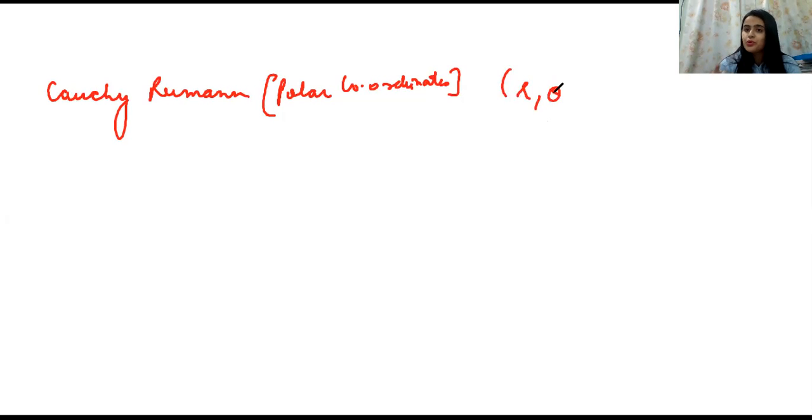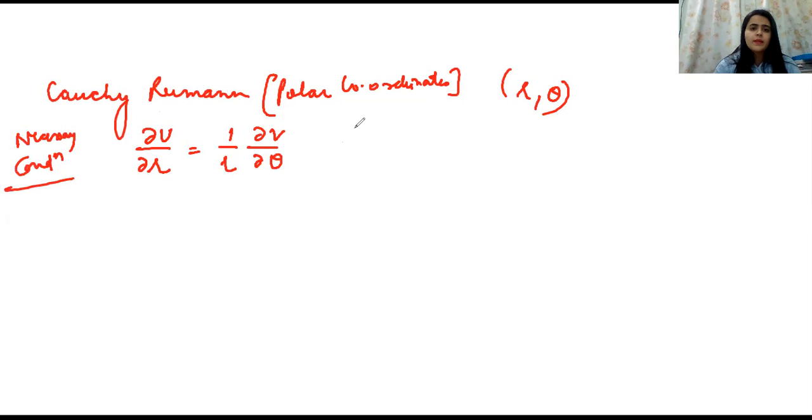Here we have two axes, x and y, so there will be two coordinates, r and theta. Then we have curl u by curl r is equal to 1 by r curl v by curl theta. This is your necessary condition. Similarly, curl v by curl r is equal to minus 1 by r curl u by curl theta.